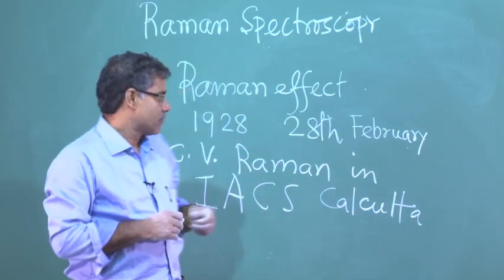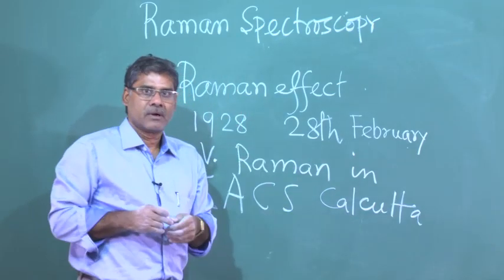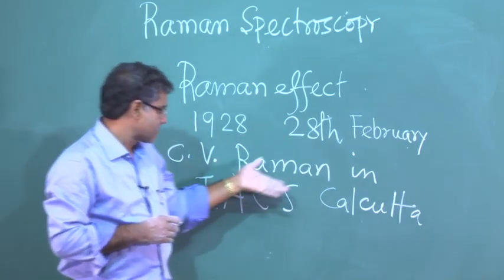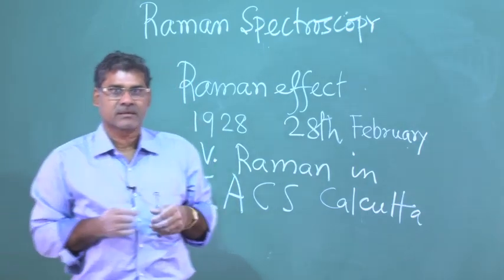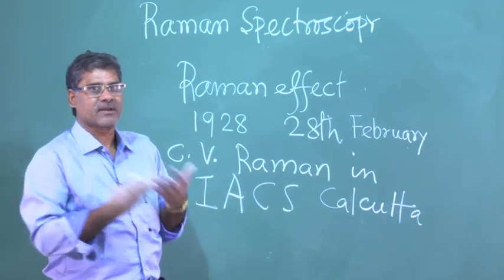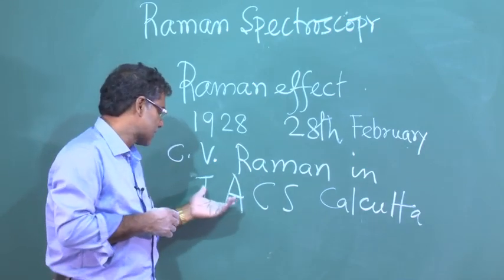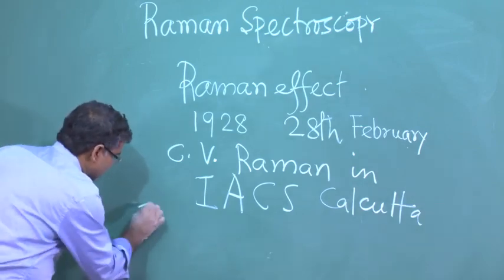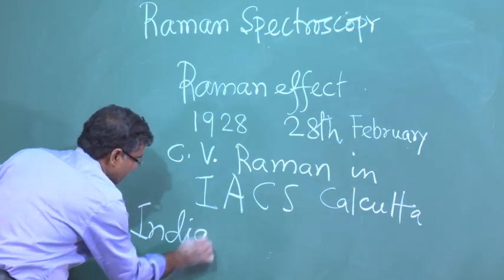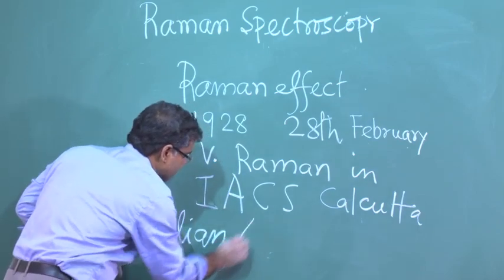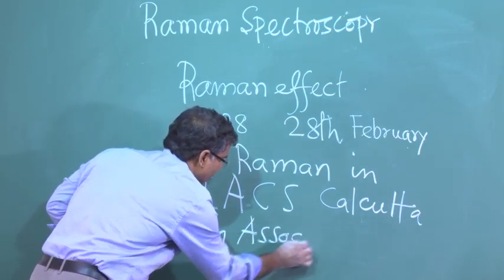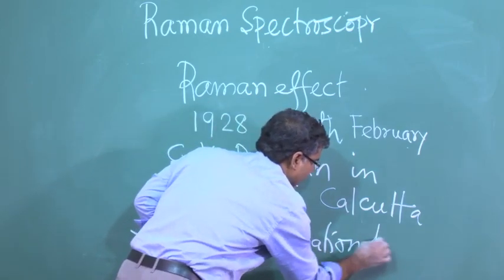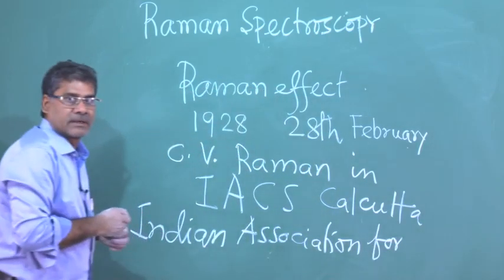it is in Jadavpur now, but earlier when C.V. Raman worked there for his research, that institute was in Bowbazar in Kolkata. Now it has shifted to Jadavpur, but its name is the same, IACS, Indian Association for the Cultivation of Science.